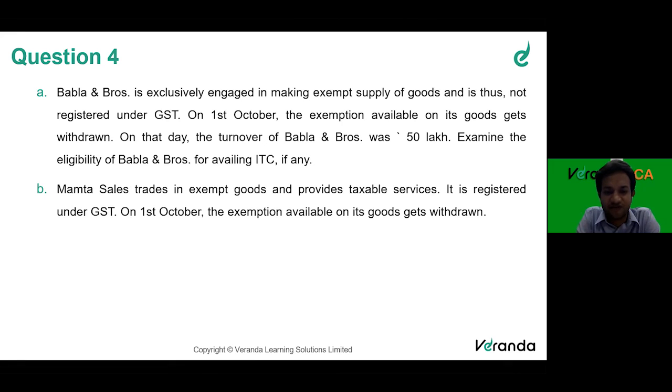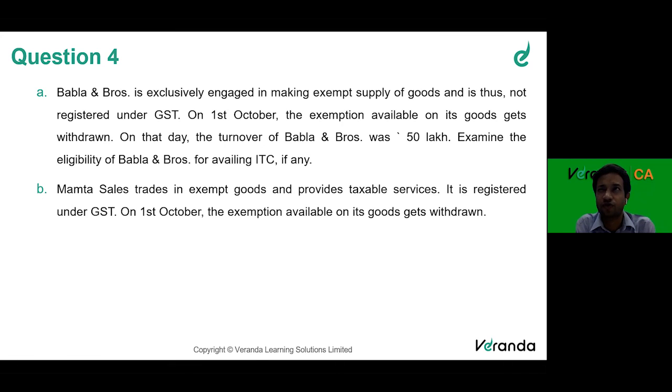The next question is a little different, where Mamta Sales Traders trades in exempt goods and provides taxable services. So they were already registered under GST because there was some taxable and exempt supply. On 1st October, the exemption available on its goods gets withdrawn. So this is not the case of unregistered to registered. This is the case of exempt to taxable.